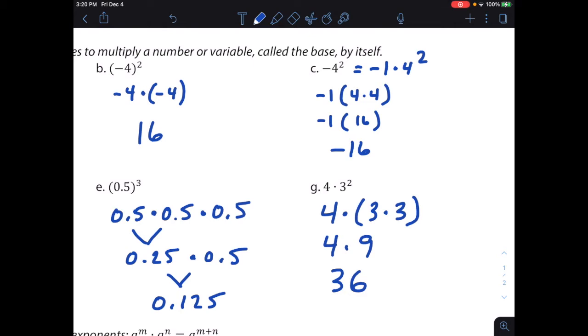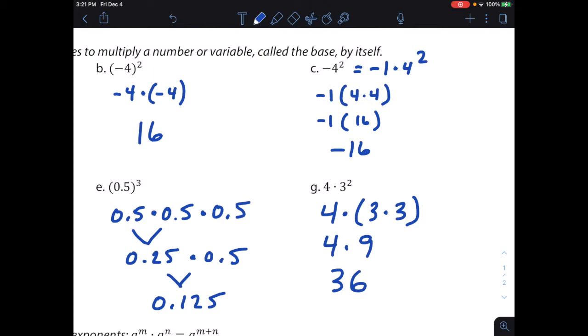Okay, and that would be significantly different if you did 4 times 3, which is 12, and then took it to the second power. That would become 144. So completely different numbers. So I just want you to remember that if there are no parentheses around the two numbers, in this case the 4 and the 3, the power only applies to the 3. Okay, and we're going to run into that a lot.